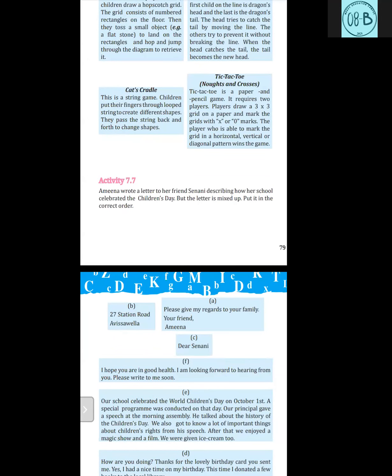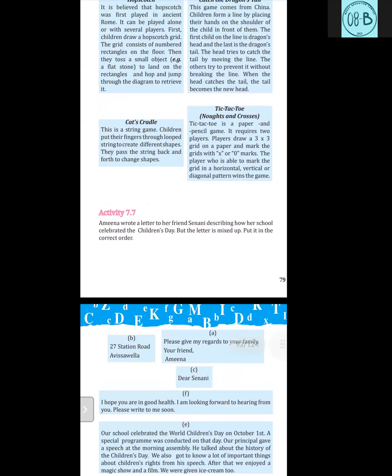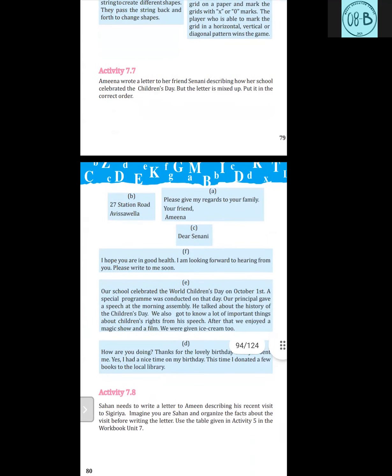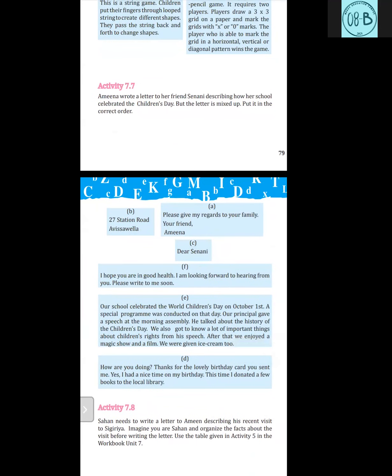So here is the activity 7.7. Here there are parts of an informal letter, but they are mixed up. They are not in order.